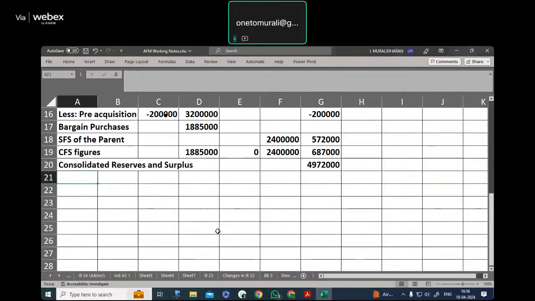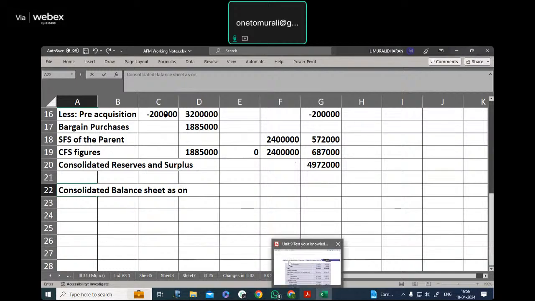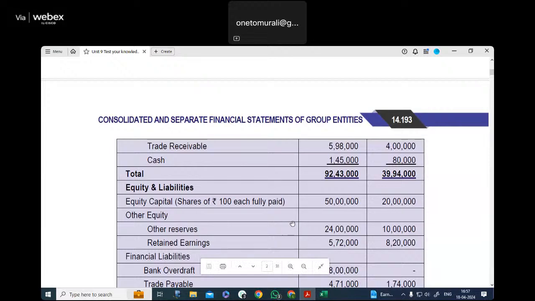Now let us prepare the consolidated balance sheet. Consolidated balance sheet as on 31st of March 20x2. Sorry.